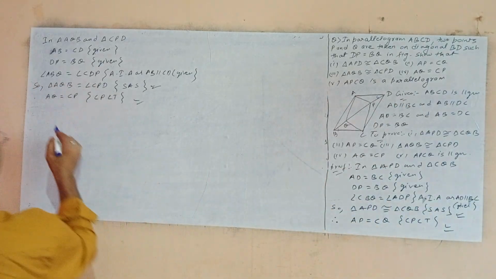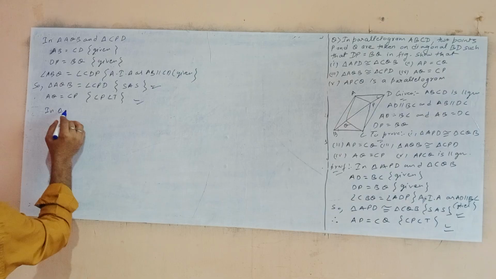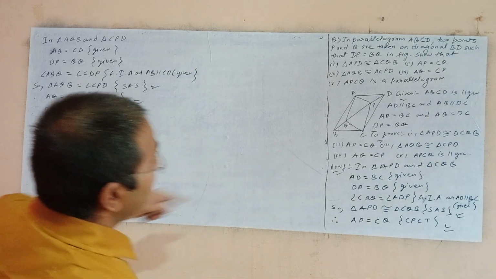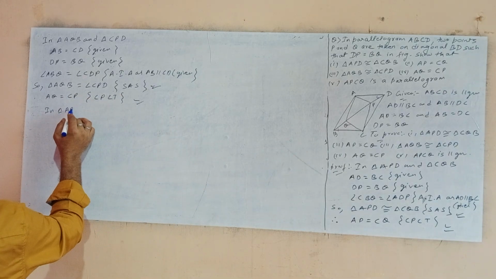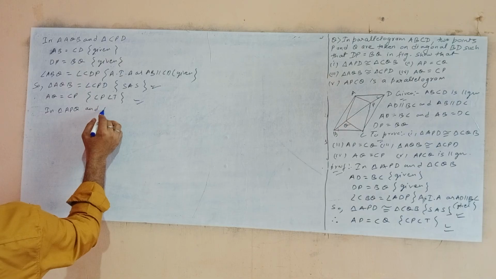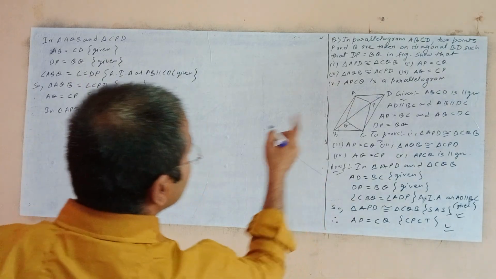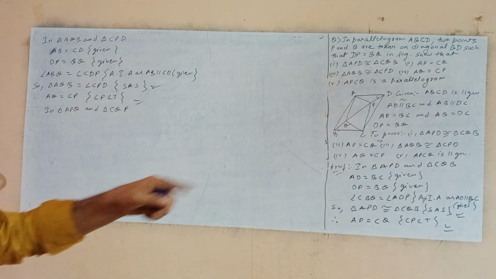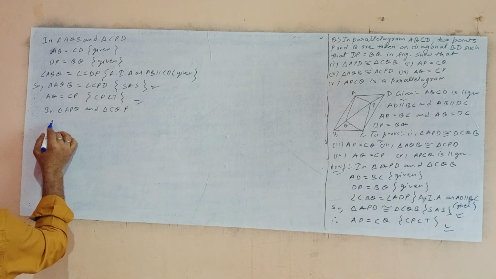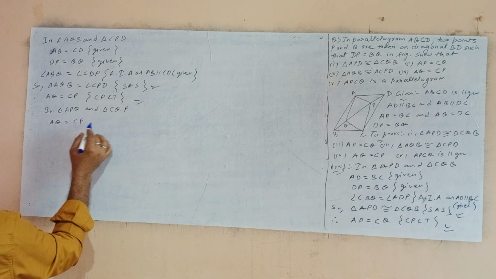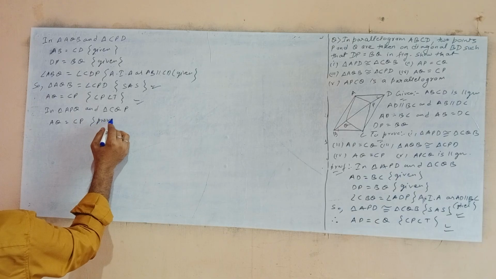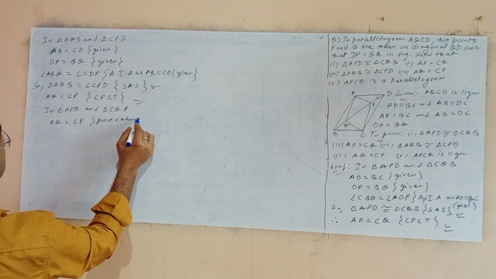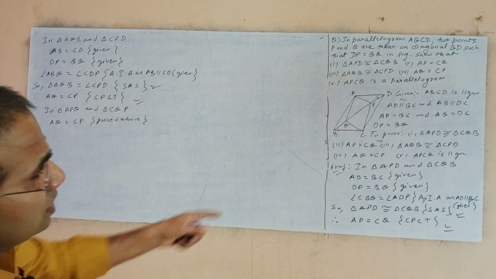Now see, in triangle APQ and triangle CQP, AQ is equal to CP, proved above.